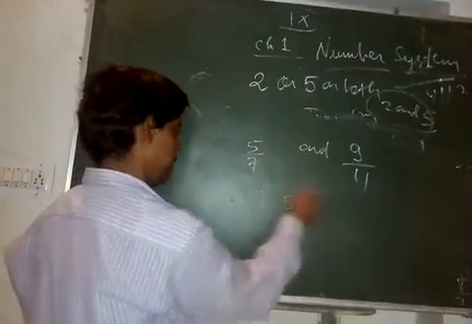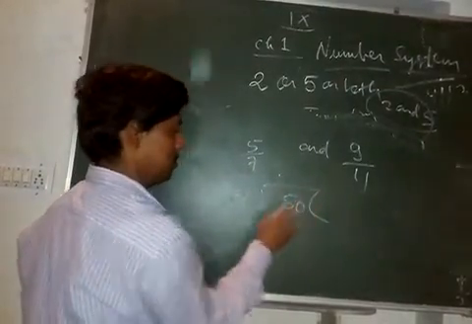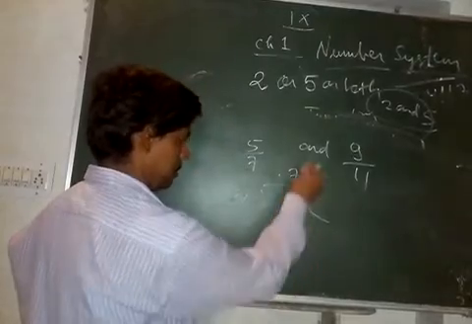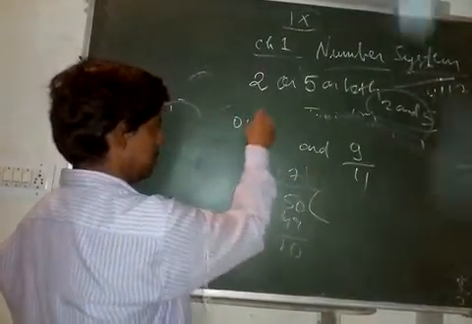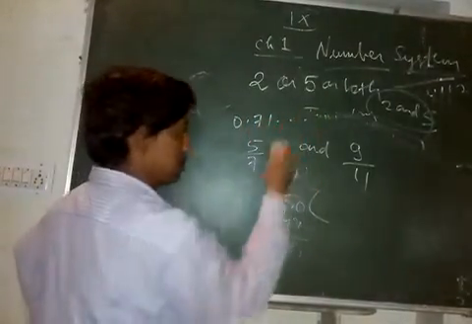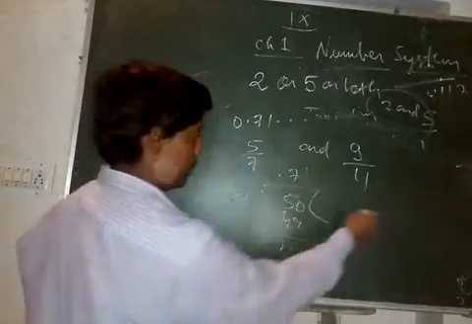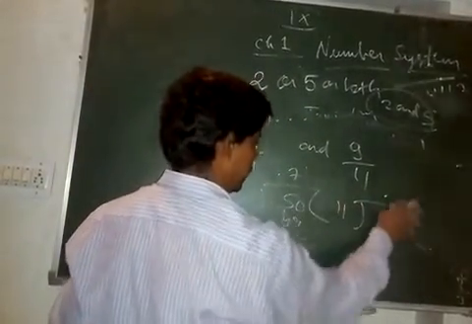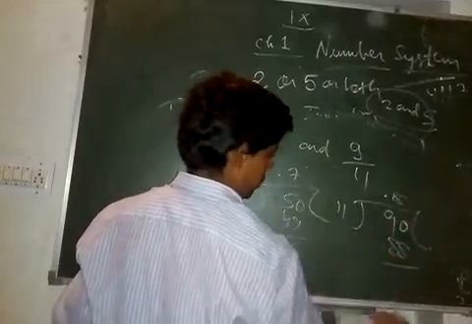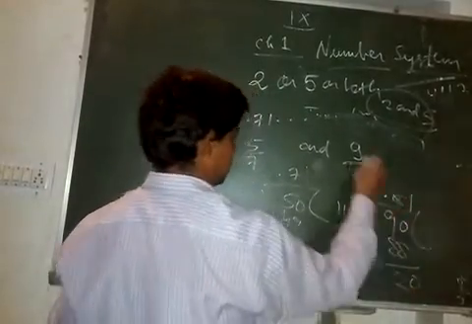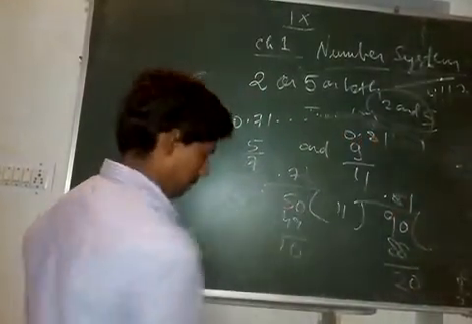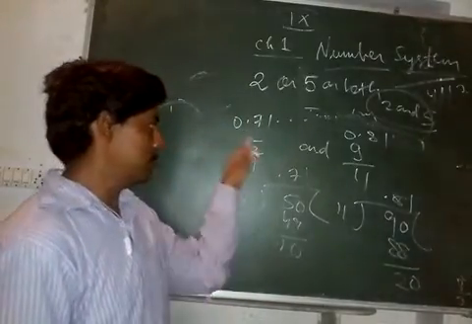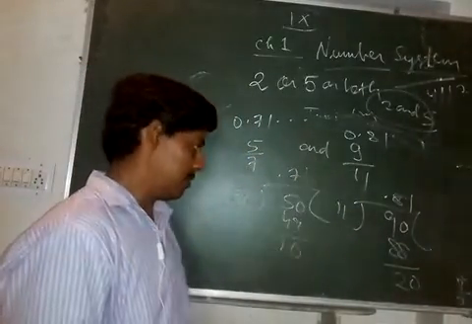Divide 5 by 7.0: 7 times 7 is 49, and you get 1. So it is approximately 0.71. There are more digits, but we are just writing 2 digits. Then 9 divided by 11: 11 times 8 is 88, and what is left is 2. So this is approximately 0.81. So we write the approximate decimals 0.71 and 0.81.